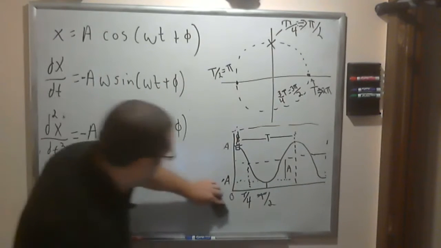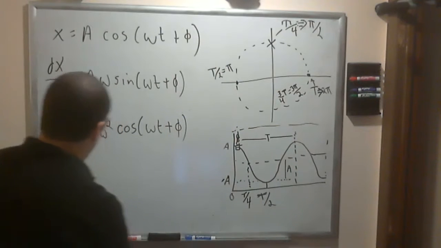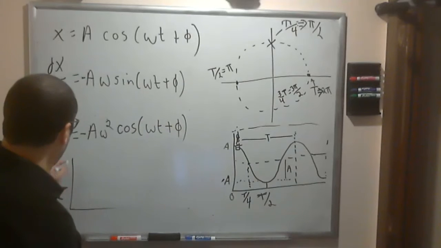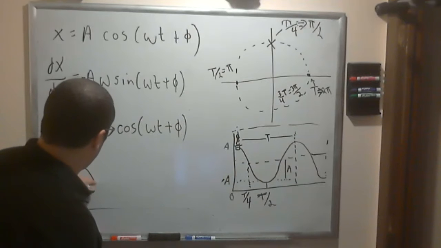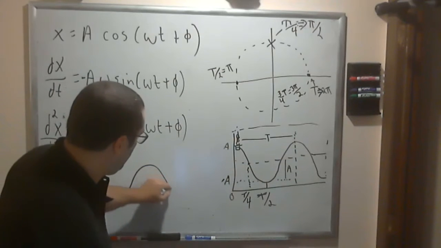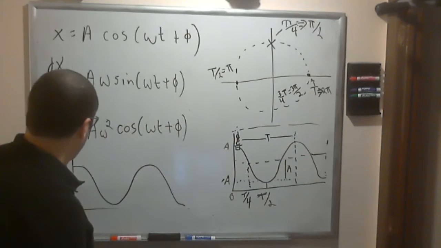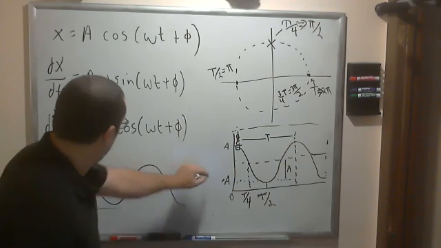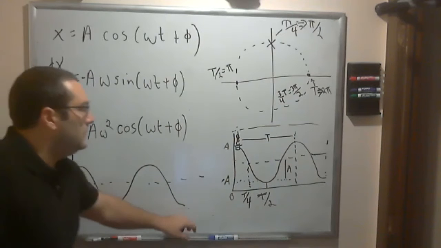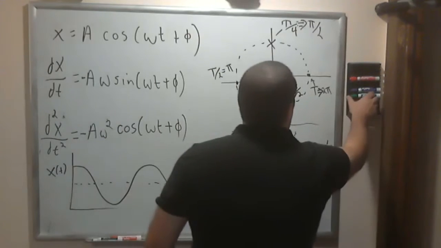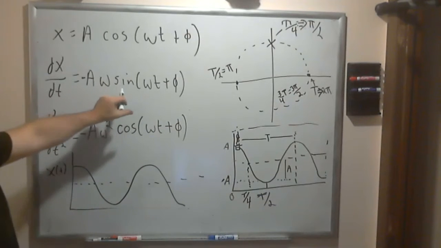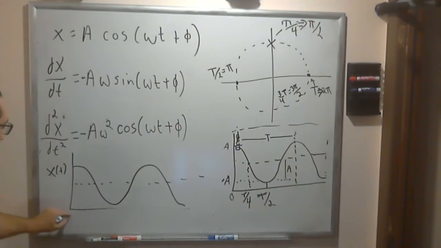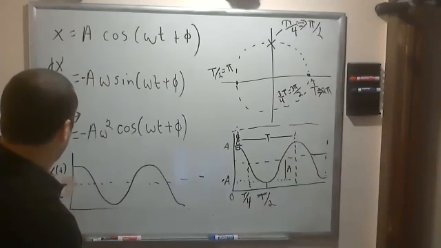Now, let me redraw this motion. Let's say we have the position function, x, drawn in black. And then let's draw the velocity. Well, the velocity is a sine function. So assume that the phase is 0.